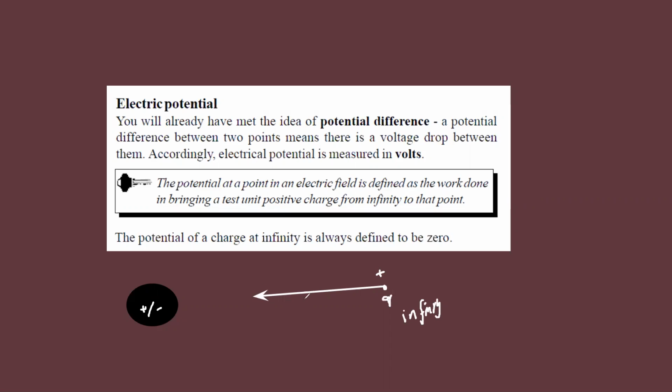How much work did we do? For example, I did 30 joules of work. So the electric potential is 30 joules. So the work done on a unit charge to move the charge from infinity to a specific point within the electric field.